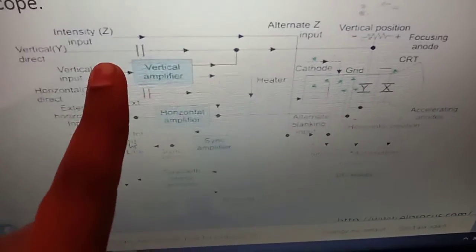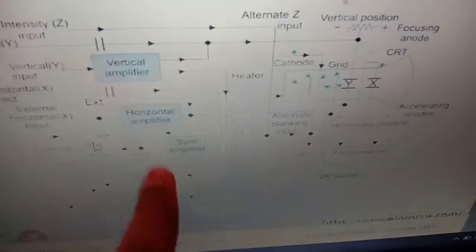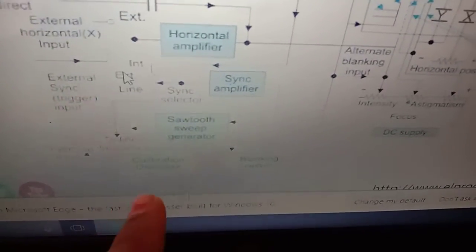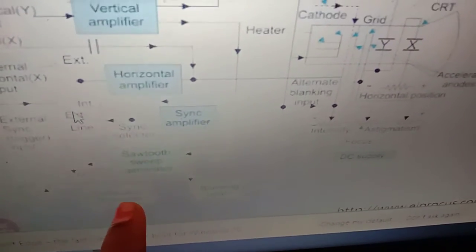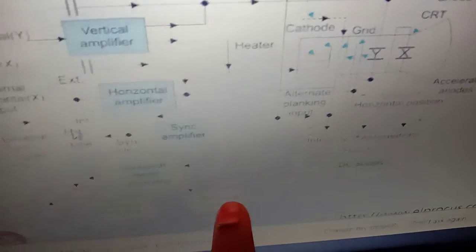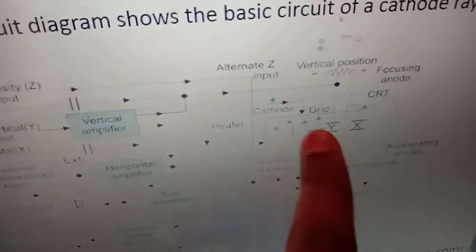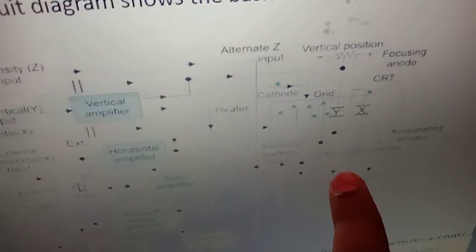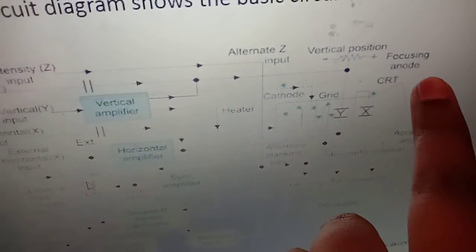You have the vertical amplifier, horizontal amplifier, synchronizing amplifier, sawtooth generator, calibration oscillator and blanking circuit. And this is the cathode ray tube with the vertical section, horizontal section and focusing anode.